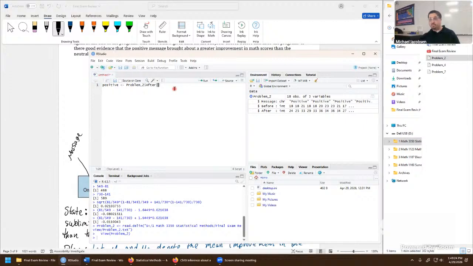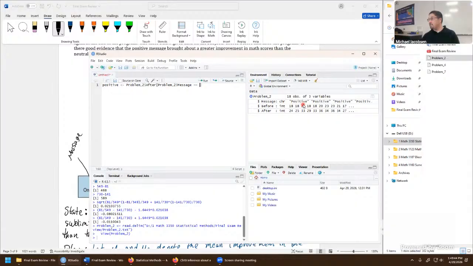So go after minus before. And here, before we go into the minus before, we want to also say this is going to be specifically for, go to the data frame problem 2, select message, and we want that message to be strictly verbatim as you see it here by the red dot, positive.